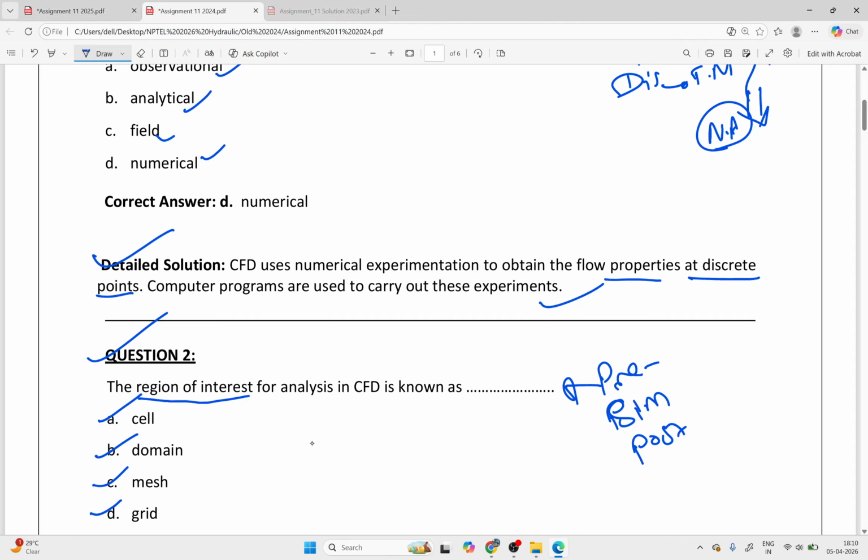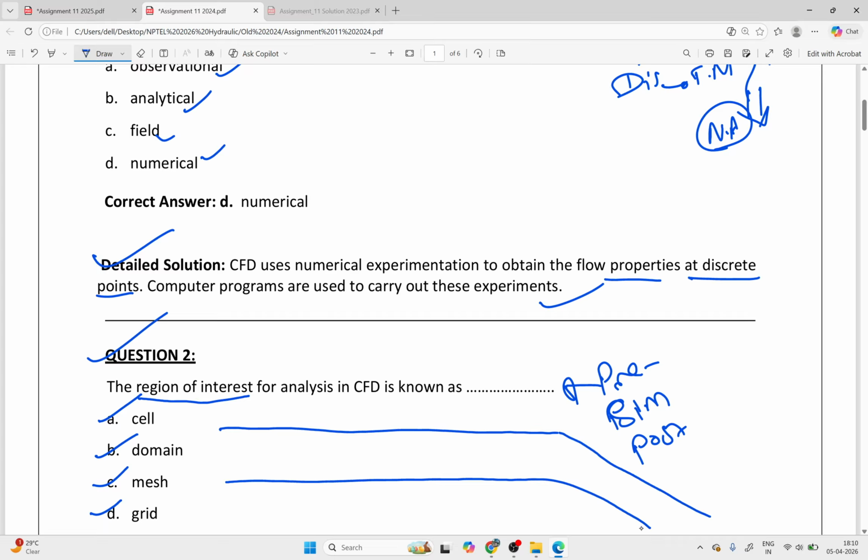Actually, for solving, let us suppose you have a pipe problem, you have a pipe of length like this. Water is flowing in this direction, downward.